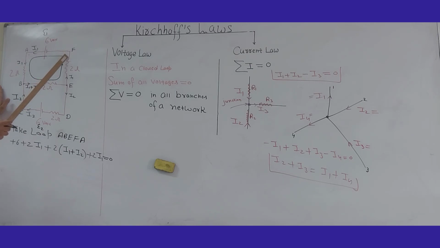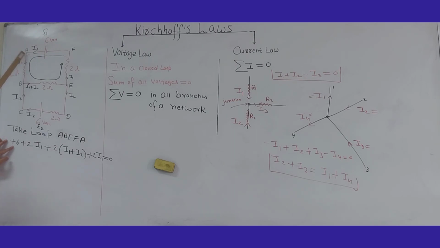I will start from F to A. When I move from F to A, I encounter the negative terminal first, and then the positive terminal. So when I move from negative to positive, that is a rise of potential, right? So it means plus 6, okay? So this will be taken as plus 6.